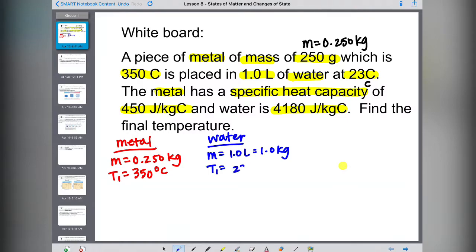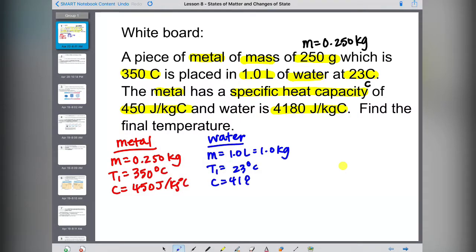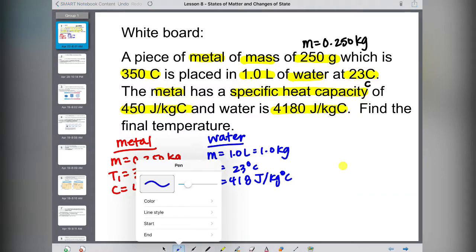So T1 is 23 for the water. The metal has a specific heat of 450, and the water is 4180. And they want you to find the final temperature.